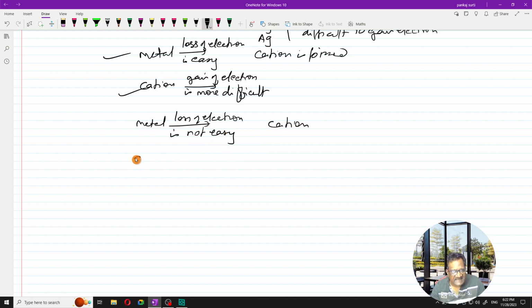Now this cation will find it easy to gain electron. So gain of electron will be easy. If you understand this logic, then how you have to use the electrochemical series will become very easy for you.